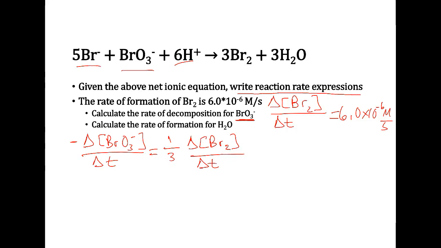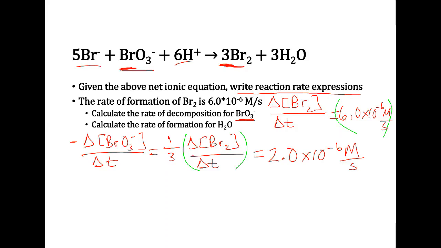So we can substitute in this right here. And this tells us that the rate of decomposition of the bromate ion is 1/3 compared to bromine. So the formation of bromine is 3 times faster than the decomposition of this. If we plug this in, we end up getting our rate of decomposition as 2.0 times 10 to the negative 6th molarity per second.